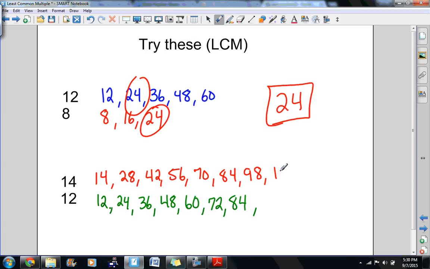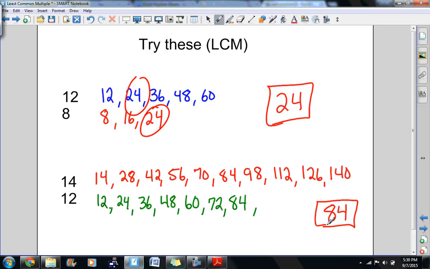So now 112. There we go. 126 and 140. Now I did find it here. 84 ends up being the common multiple. Let me check again. That looks right. And on the bottom here, so that would be 1, 2, 3, 4, 5, 6. 14 times 6 is equal to 84. That sounds right. And then 12 times 7 is also equal to 84. So that is our number.